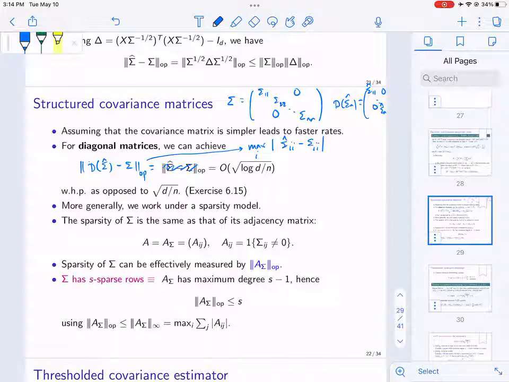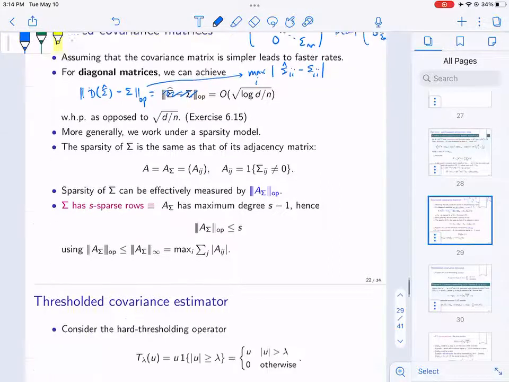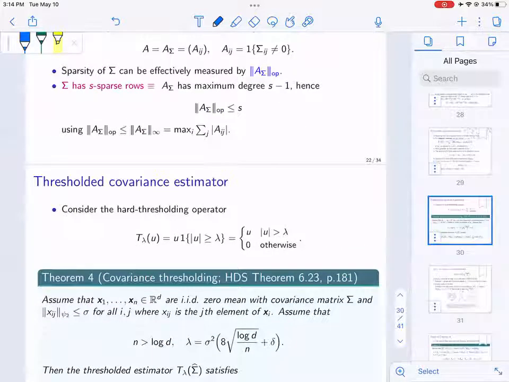Usually what we do is coordinate-wise sparsity. The results that we're going to state are in terms of, let's say, the adjacency matrix of the sigma. So if you think of sigma as a symmetric matrix, you can think of it as the adjacency matrix of a weighted graph.